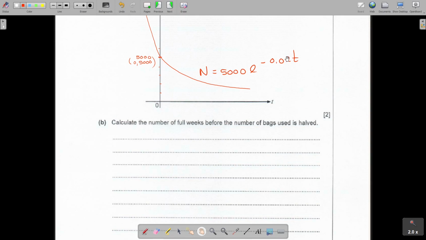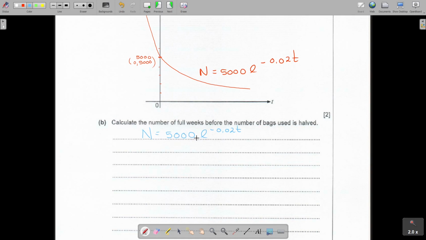Okay, now if you do this one, remember that it was starting by saying n is equal to 5,000 e to the power negative 0.02t. Now half. Okay, so let's work out when it will be half, exactly on the dot.